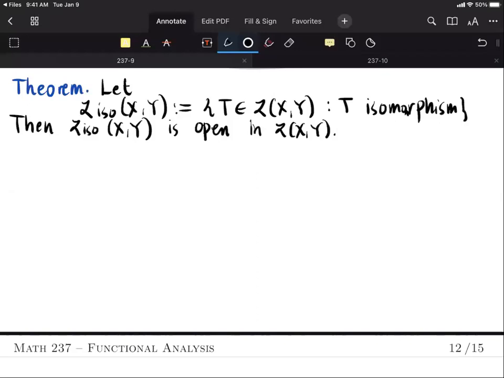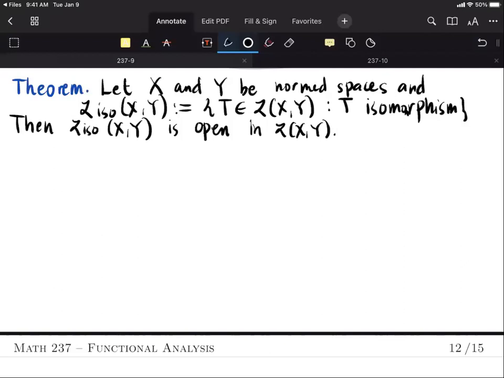The following is a topological property for the set of all bounded linear and invertible operators from one Banach space X into another Banach space Y. So let X and Y be, let's say, normed spaces, and L_iso is the set of all bounded linear operators from X into Y that are isomorphisms.